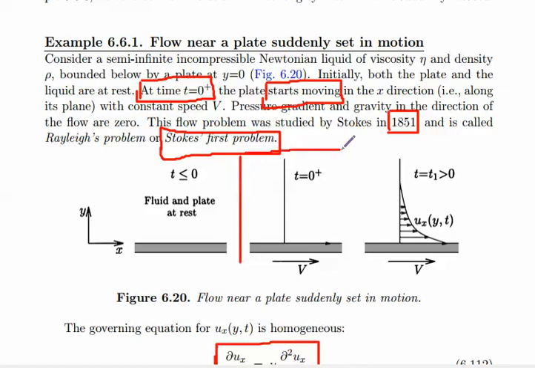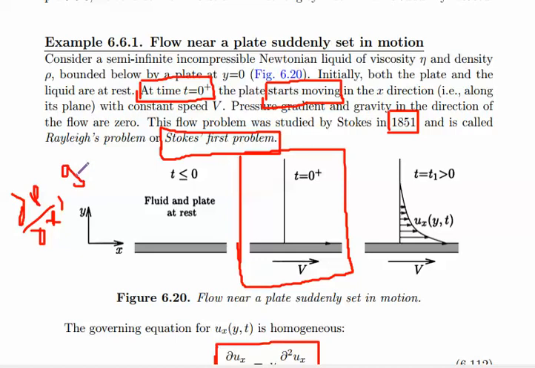The plate starts moving in the x direction with constant velocity v. We also assume that the pressure gradient partial p by partial x along the x axis and the gravitational force along the x axis are 0 in this case.